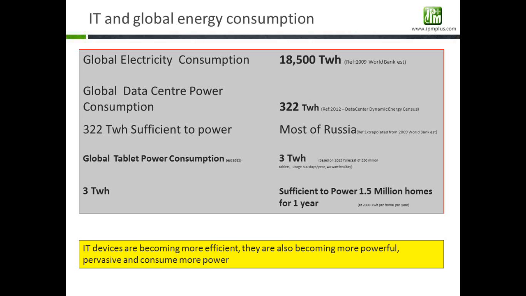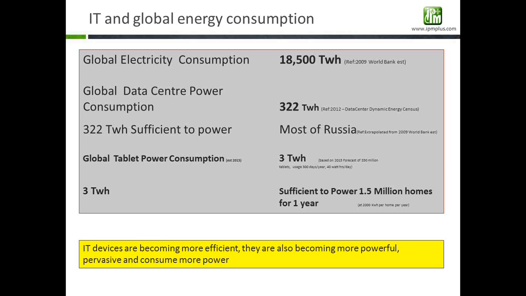And in comparison, let us look at the IT part of this, like the data centers. The data centers are basically the sites which power the servers. For example, Google has its own data center, Yahoo, Facebook, LinkedIn, everybody has their own data centers, and data centers host servers, storage, and other equipment for all these applications to run.